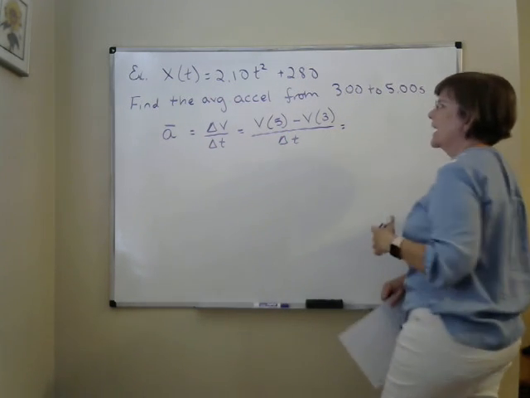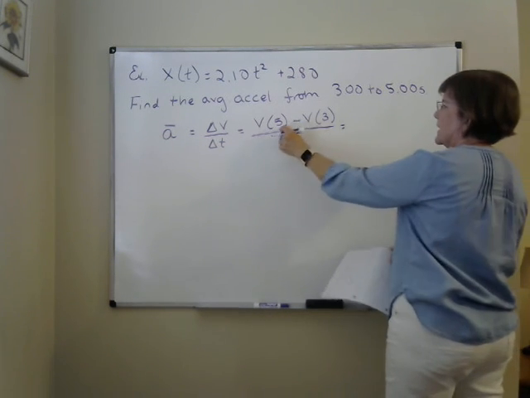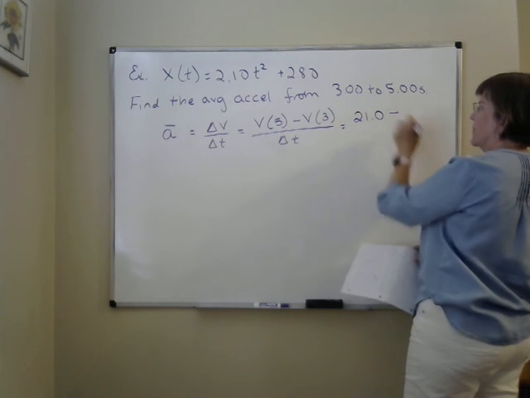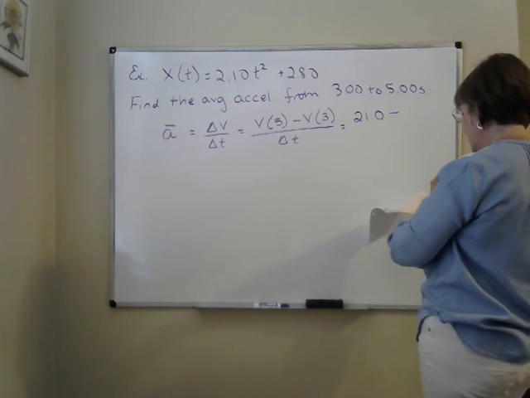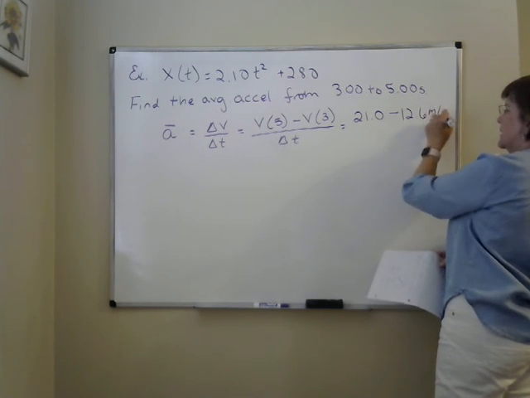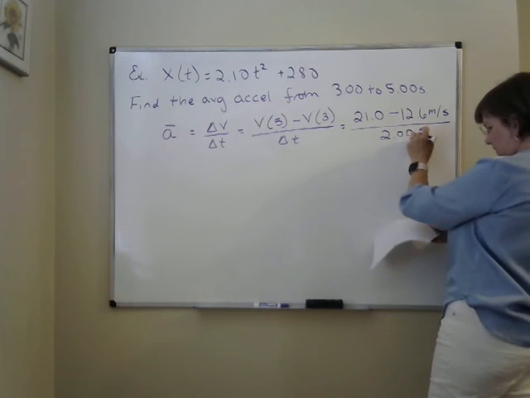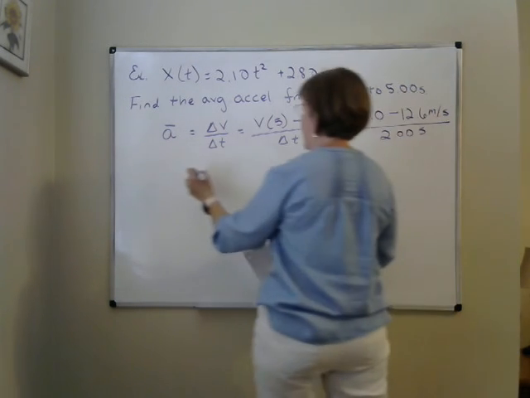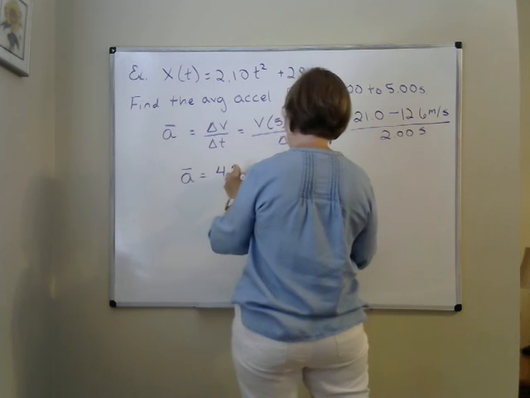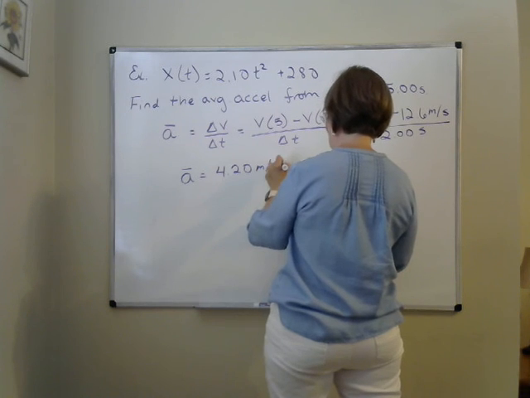We found that at 5 seconds this function gave us a speed of 21.0, and at 3 seconds it gave us 12.6 meters per second, divided by 2 seconds. My average acceleration is 4.20 meters per second squared.